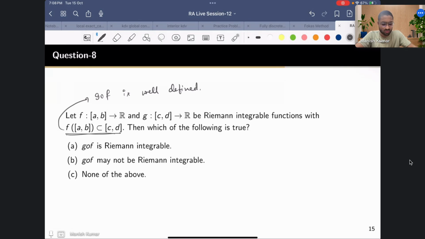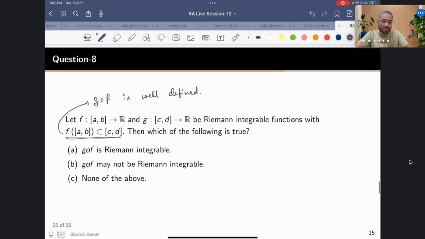Is this why you are saying this? So actually this statement is not true, that the composition of two Riemann integrable functions need not be Riemann integrable.